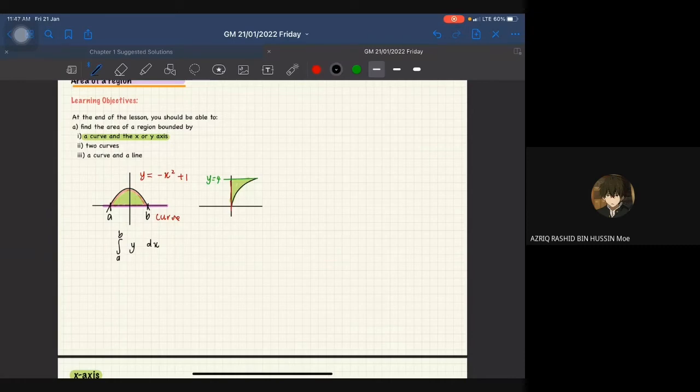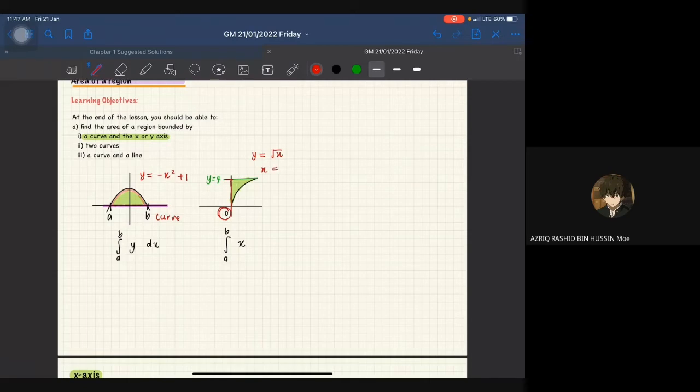terbalik sahajalah. Sini kosong, atas tu 4. So maksudnya A dengan B awak, dia mesti dalam Y. Okay, so A kita adalah kosong, B kita adalah 4. So, Y equal to 0, Y equal to 4. Okay, so kita punya equation dia mesti X equal to something. So, contohnya soalan kita sekarang, function kita is Y equal to square root X. So, kita mesti jadikan X as a subject.